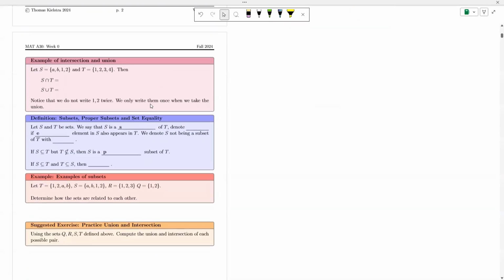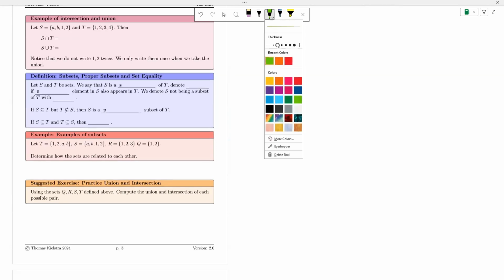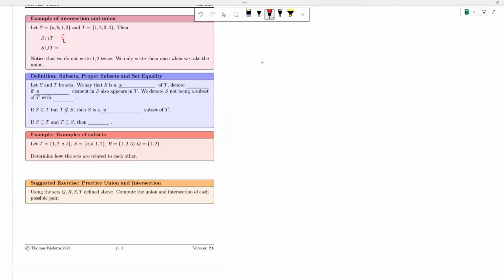So let's practice. We've got the sets A, B, 1, 2 being our set S, and set T being 1, 2, 3, 4. Now, when we take the intersection, we're asking what is in both. So the set containing the elements in both is the set containing 1, 2, because those are the elements that are in both. And that's our intersection.